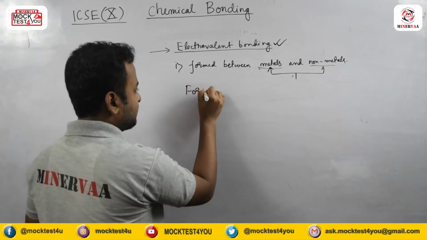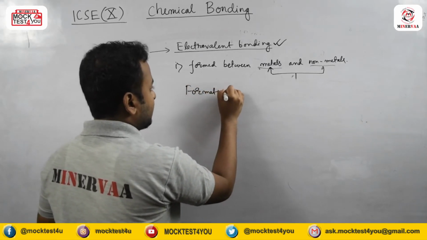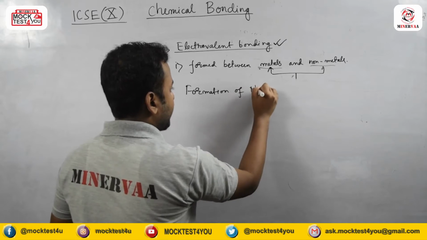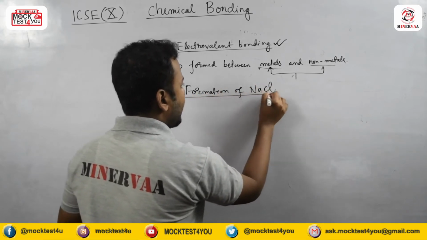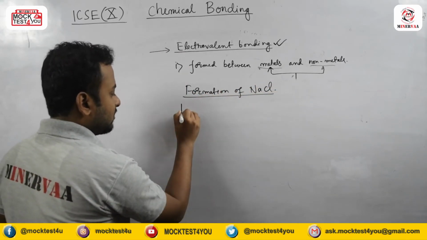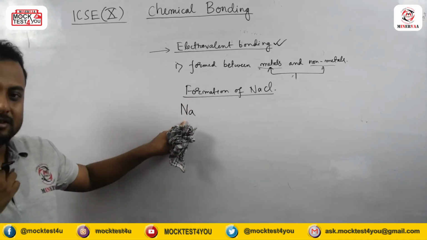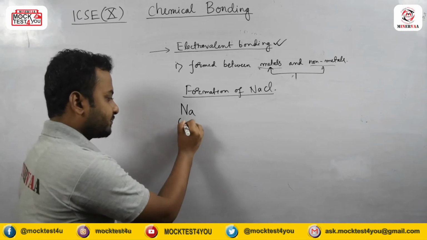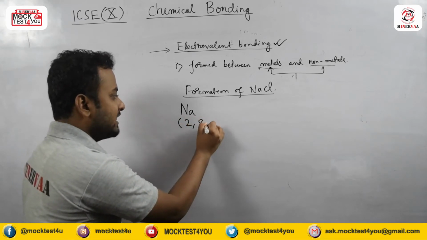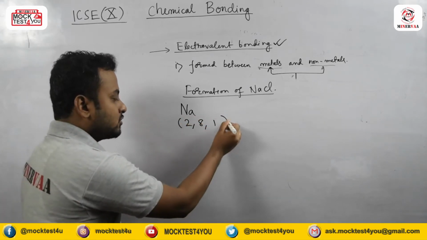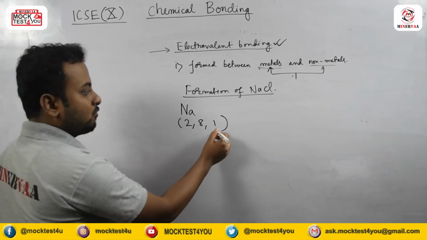So how does NaCl form? First see, what is the electronic distribution of sodium? It is 2, 8, 1. So in its outermost shell it has only one electron.